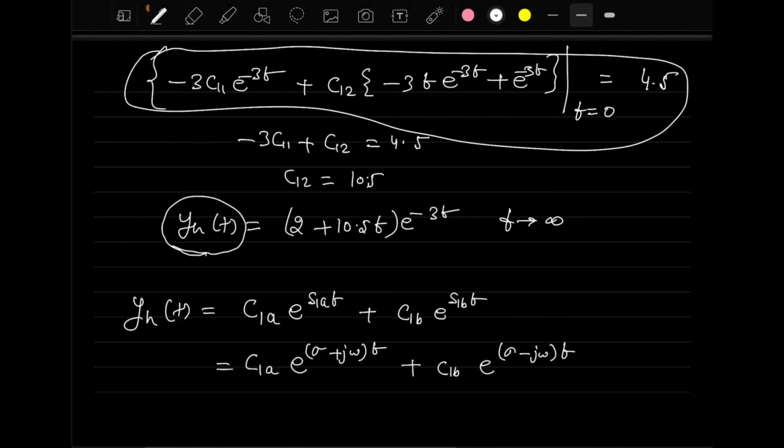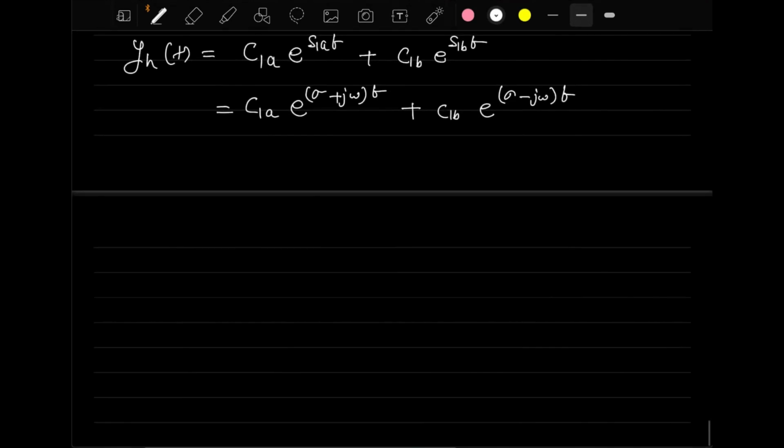Similarly, you can impose the same constraint on the coefficients C1a and C1b. To make the coefficients ak of the differential equation real, C1a and C1b also have to be complex conjugate pairs.